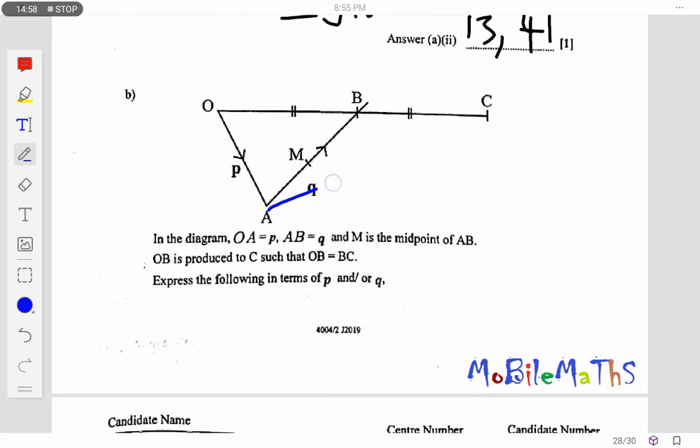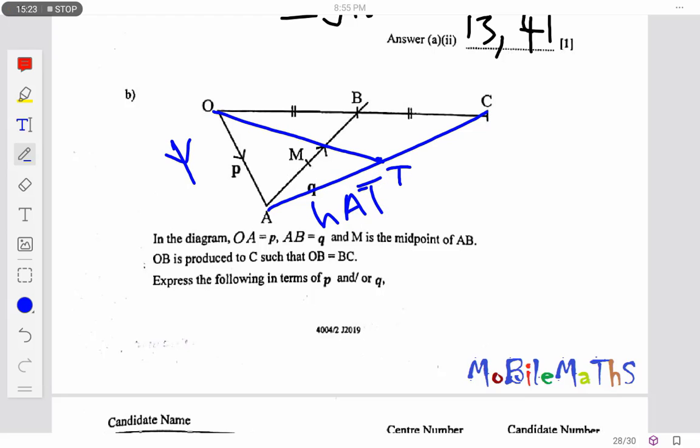We had OAC and we are saying T is going to be at the center of this one. This will be our T like that. So for us to get OT, we move from OA, then we have H AC here. That's the relationship that we're given. So we can say OT is equal to OA plus H AC.